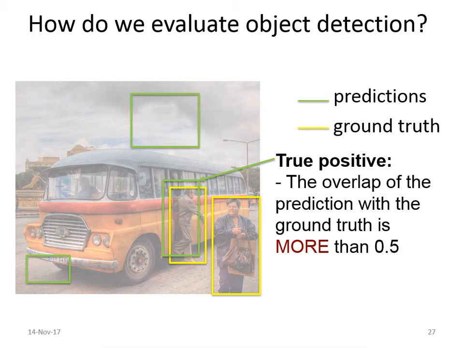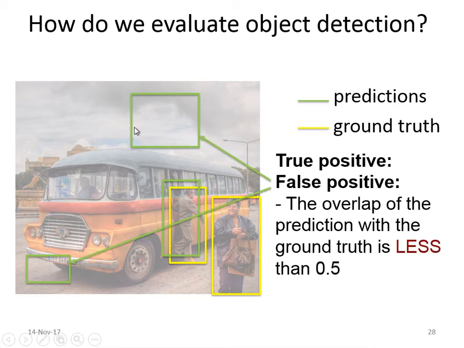So this one will be counted as a true positive, and these two will not. So these will be the false positives. The algorithm thought that this is a person, but it's not actually a person, so it's a false positive.